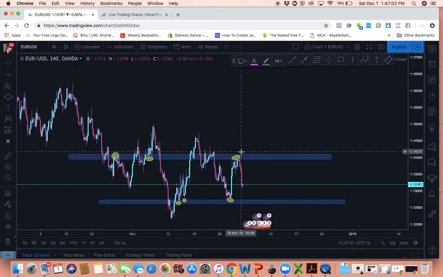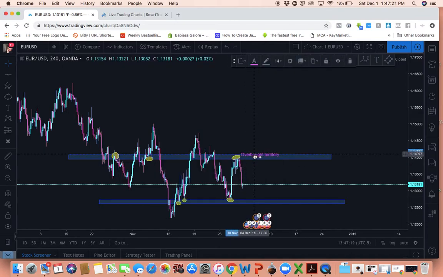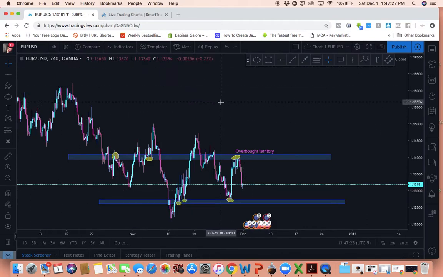This is an overbought area, overbought territory. And below here is oversold territory.